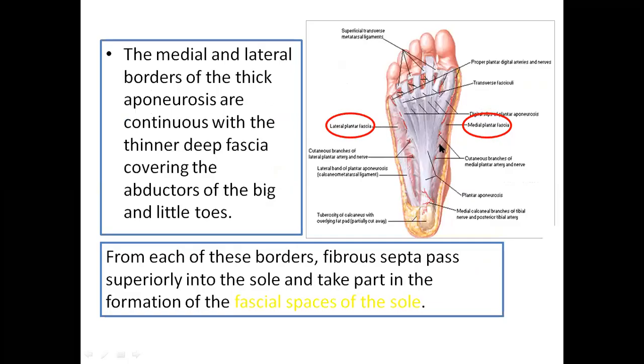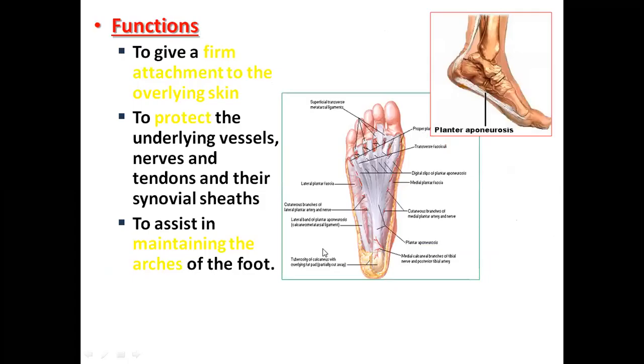The medial border and lateral border are thick and continuous with the thinner deep fascia covering the abductors of the big toe and abductors of the little toe. From each of these borders, you will see fibrous septa pass superiorly into the sole and take part in the formation of fascial spaces of the sole.